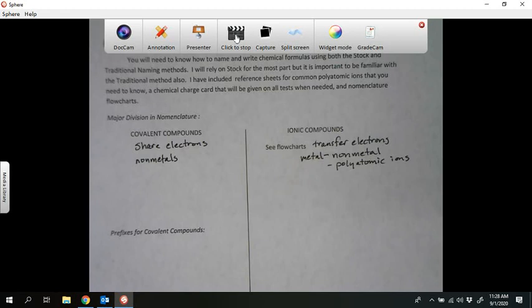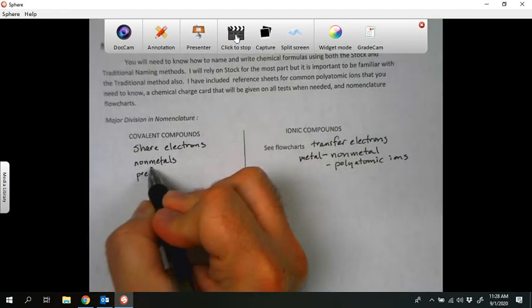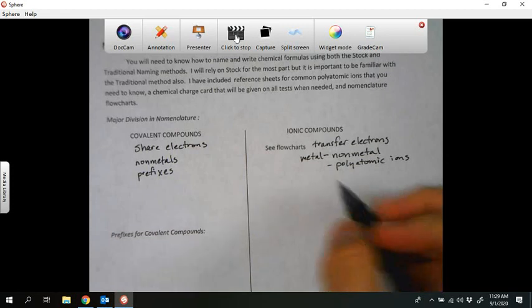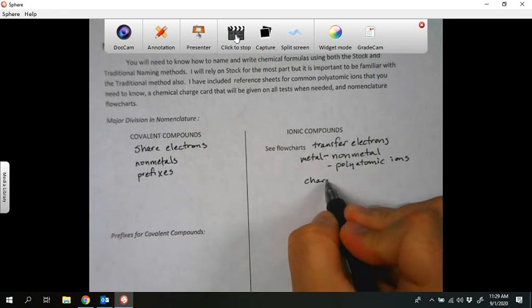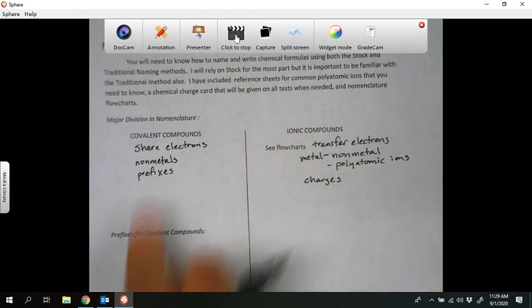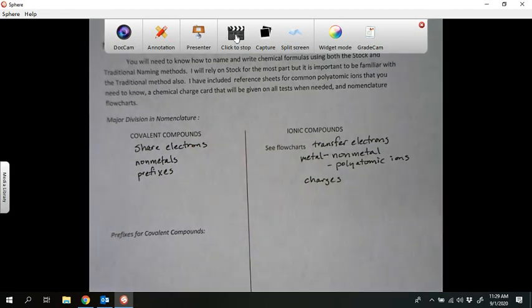Now, how we name and write formulas is different with covalent and ionic. Covalent compounds, we use prefixes. Ionic, we use charges. So we're going to tackle covalent first because I think they're a little bit easier.